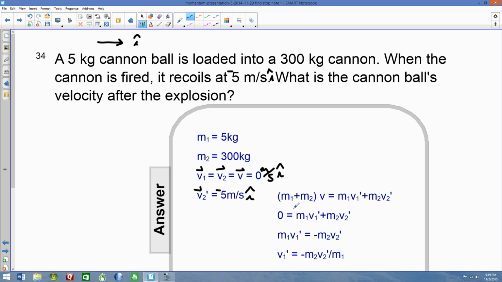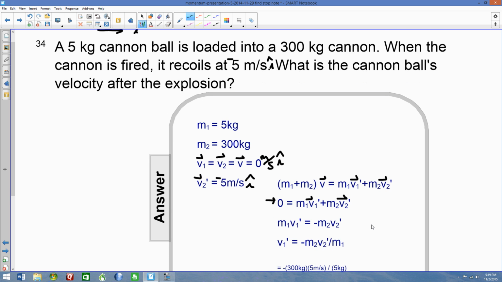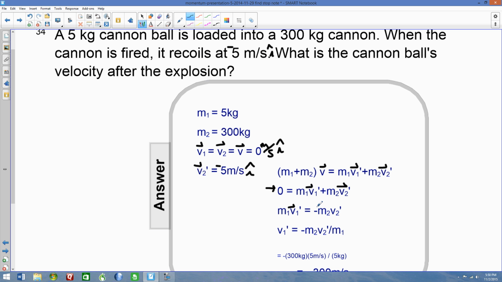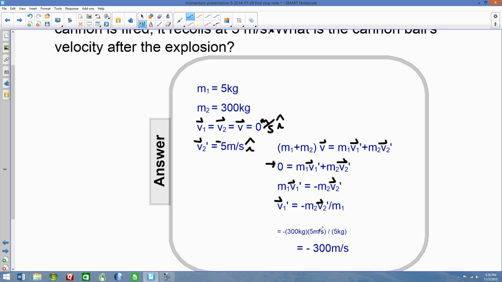So we start with (m1 + m2) times the initial velocity, and that has to equal m1 v1' plus m2 v2'. The initial velocity is given, and it's 0. That gives us m1 v1' + m2 v2' = 0, which means m1 v1' = -m2 v2'. Solving for v1', we have v1' = -m2 v2'/m1, and this is negative i hat.